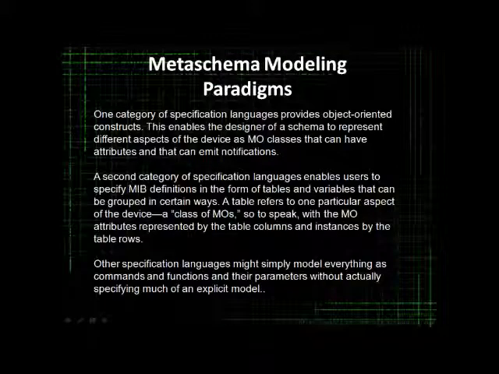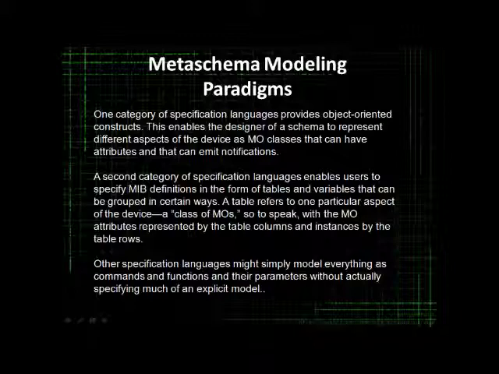And now, meta-schema modeling paradigms. Without going into details of real meta-schemas, here are some examples of different types of specification means that different meta-schemas offer. One category of specification languages provides object-oriented constructs. This enables the designer of a schema to represent different aspects of the device as MO classes that can have attributes and can emit notifications.